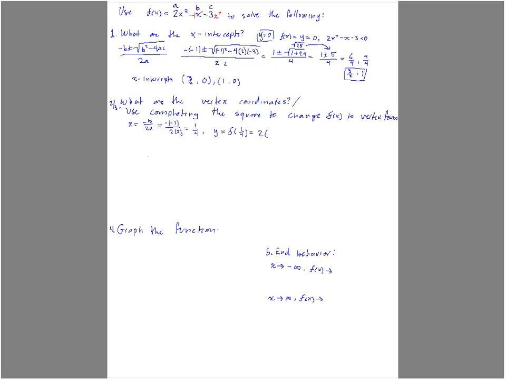Let's see, that's 2 times 1/4 squared minus 1/4 minus 3. And so if we go ahead and simplify that, the 1/4 squared is equal to, sorry, not 1/8, 1/16, because you multiply the top number by itself, and then you multiply the bottom number by itself.